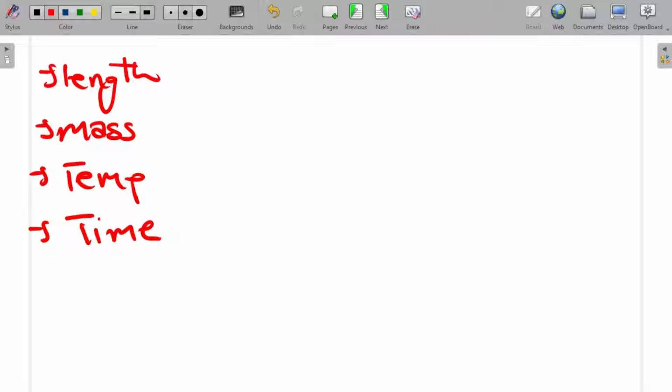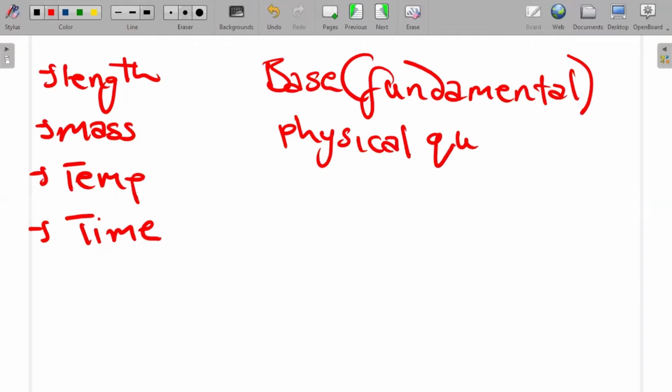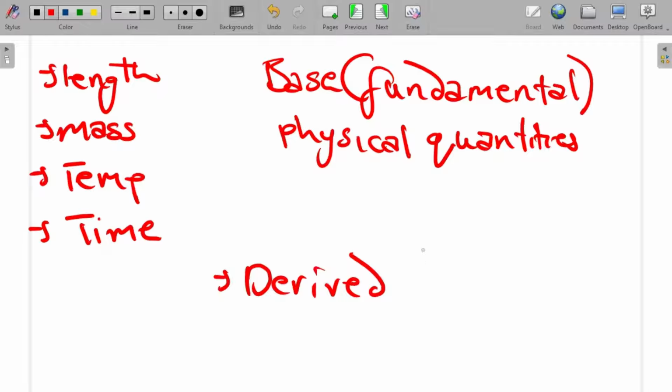Now, physical quantities are divided into two different categories. There is what we call base or fundamental physical quantities, but also what we call derived or secondary physical quantities.